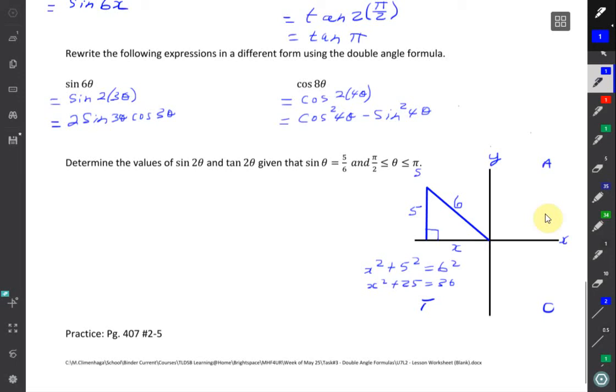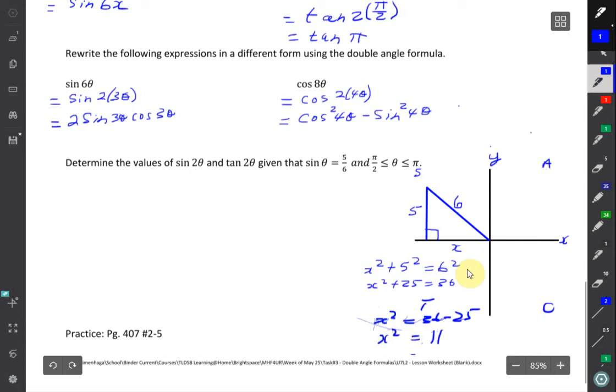Subtracting 25 from both sides, we end up with x squared equals 36 minus 25. X squared equals 11. So x is equal to the square root of 11. And there are no perfect squares that go into 11, so I can't simplify that any further. That makes this side minus, due to its position, the square root of 11.